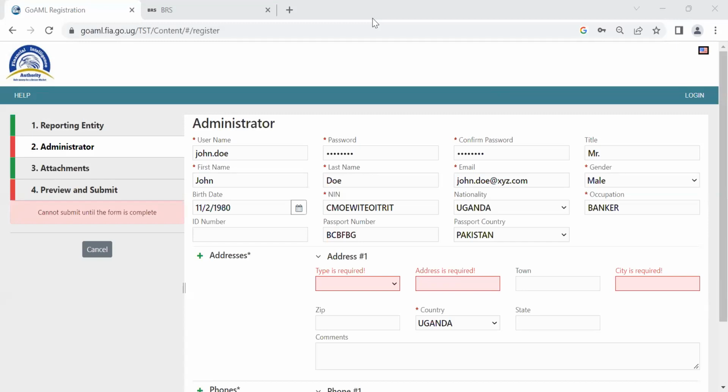Can we use refugee ID? I think this is a question we'll pose to our compliance before we close the session. What is NIN?